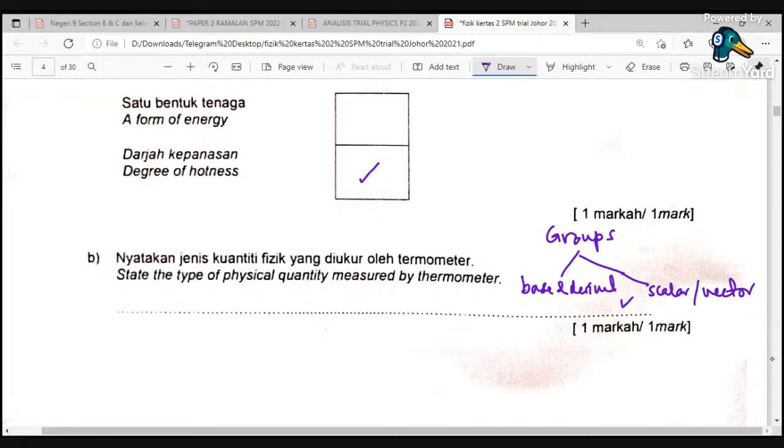Let's say I use this one: measured by thermometer, which is temperature, is a base quantity. You just write down base quantity. It can also be scalar quantity.